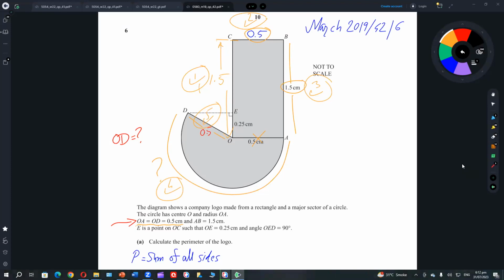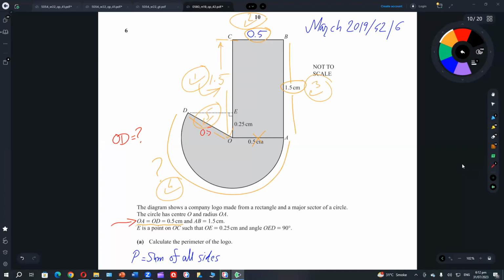What is the value of side number 1? 1.5. Side number 2? 0.5. Side number 3? 1.5. Side number 4 is missing. What is side number 5? 0.5. So only one side is missing.